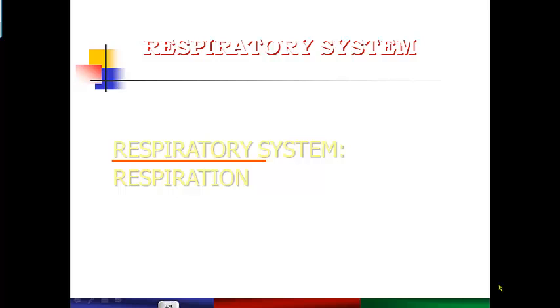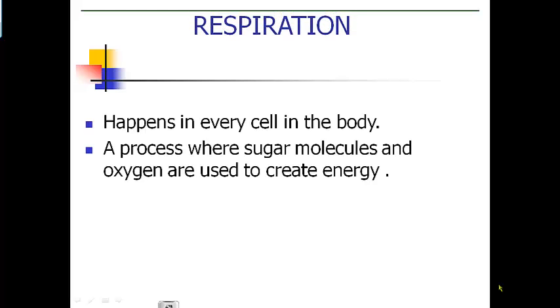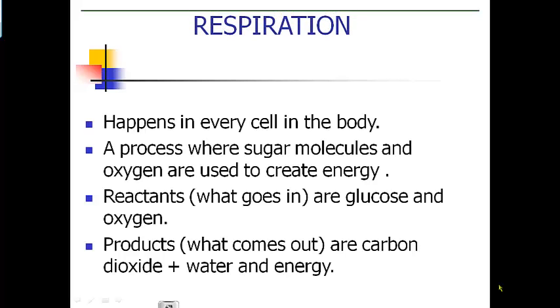Today we're going to talk about respiration, and that's how your body uses oxygen and glucose to actually create energy and then also create carbon dioxide as a waste product. So respiration and breathing are not the same thing, which really stinks because every time you talk about breathing, you hear people talk about respiration, but they are not exactly the same thing.